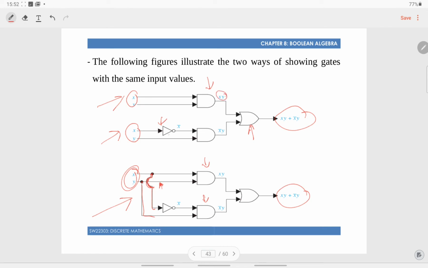Here x goes to the inverter, it becomes x complement. Y comes in original form, goes to the AND gate, so it becomes x complement y. And then these two inputs go into another gate, which is the OR gate. That's why we have x y plus, because it is a Boolean sum, x bar y.